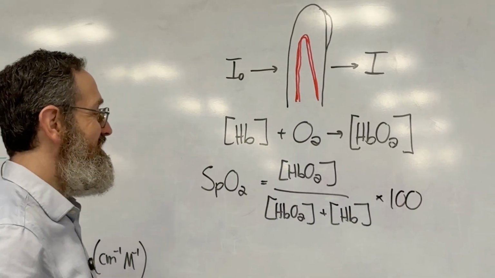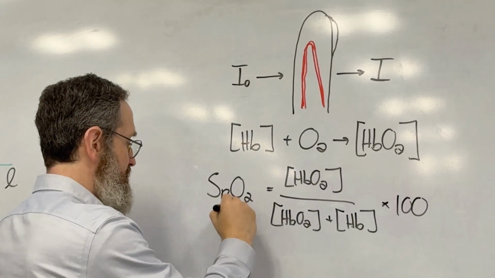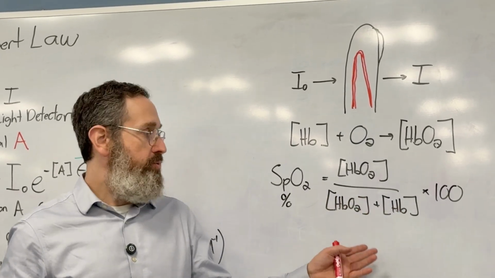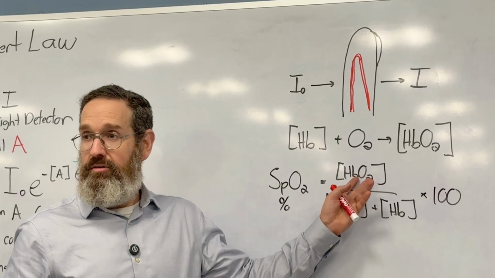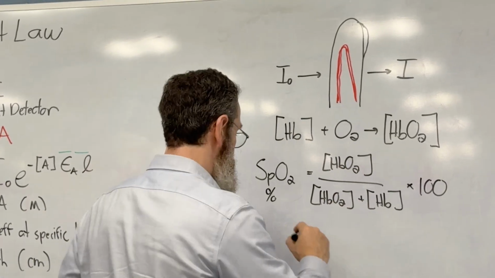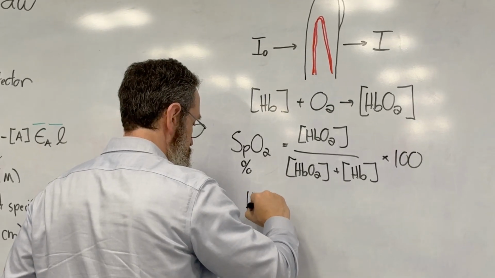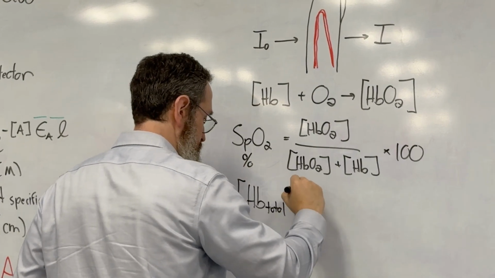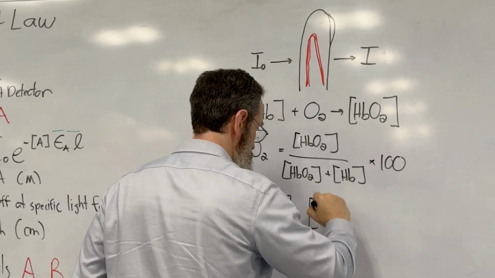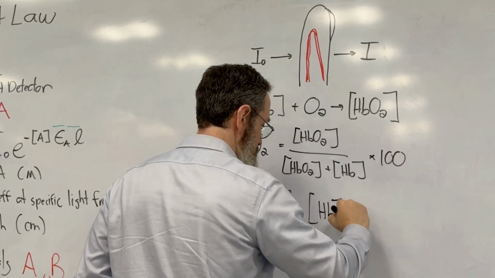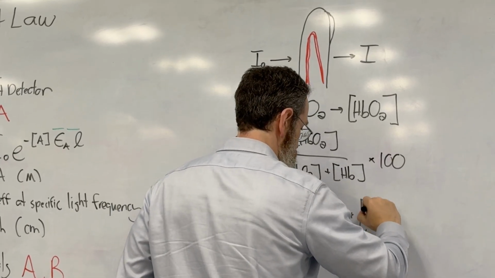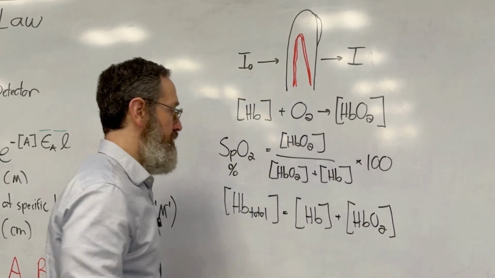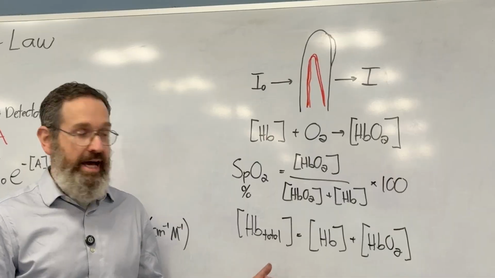And this will be reported as a percentage. The Hb total is going to equal the sum of the deoxyhemoglobin plus the oxyhemoglobin, right? So you have a total amount to work with, and it can go through these two states.